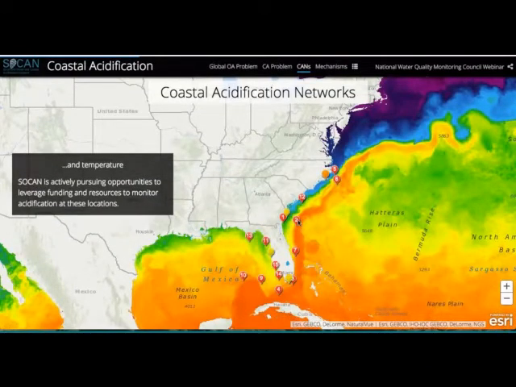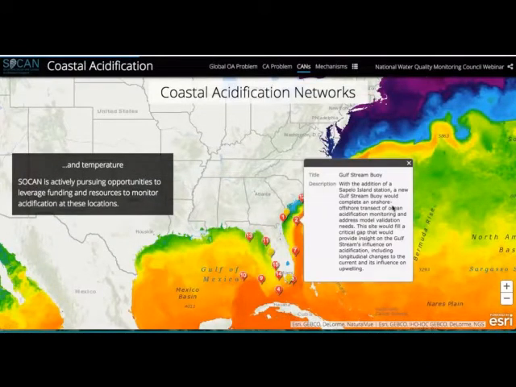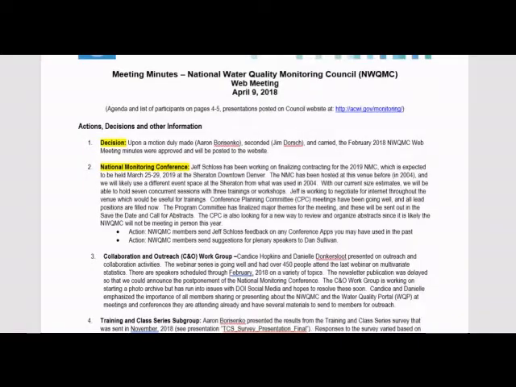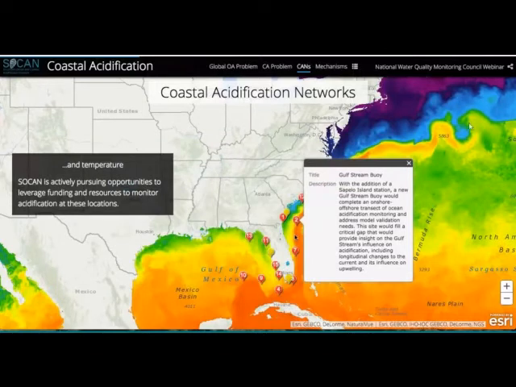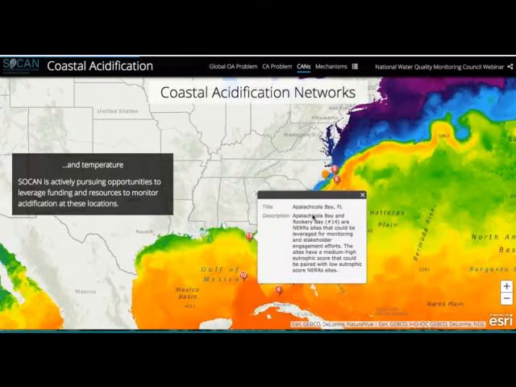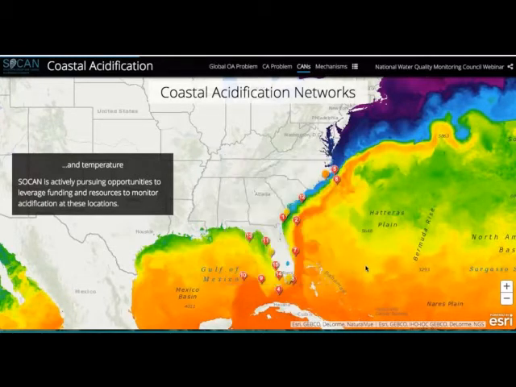For example, we proposed a Gulf Stream buoy that would help us indicate where the Gulf Stream is and how that might influence inshore chemistry. So again, you'll be able to access each of these locations, click on the map, and see why we chose each one of these as a priority monitoring location.